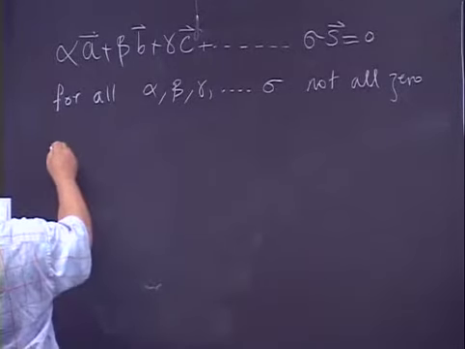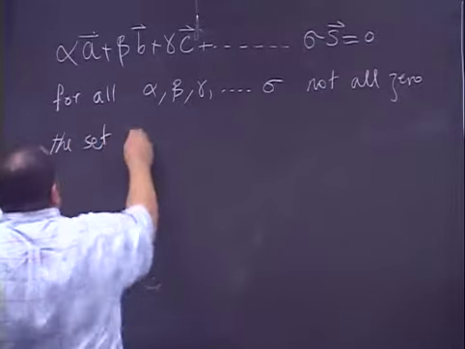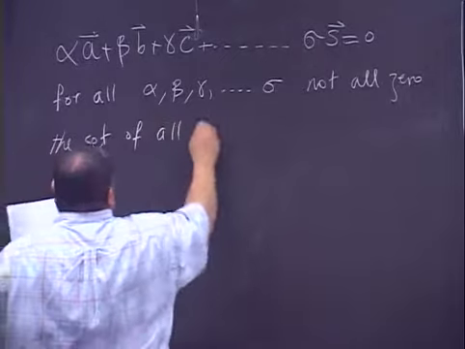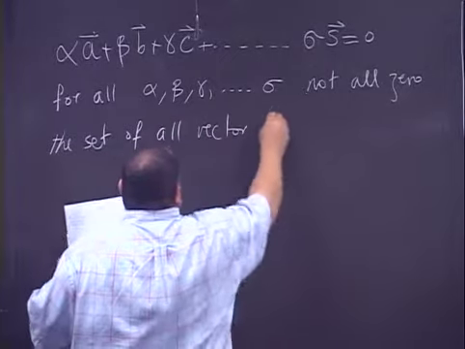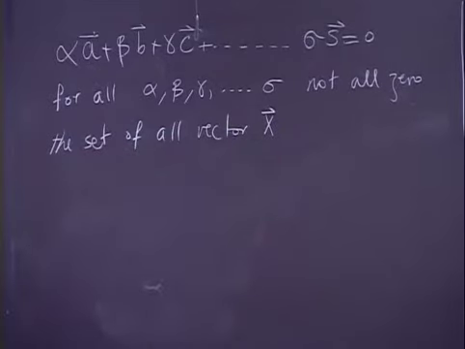So the set of all vectors x, we will have multiple x. It depends on the values of alpha, beta, gamma up to sigma. Let's say 1, 3, 5, and so on up to maybe 1,000, this will be the first vector. Then we change alpha, beta, gamma, and so on for the second vector, change them again for the third vector, and so on.